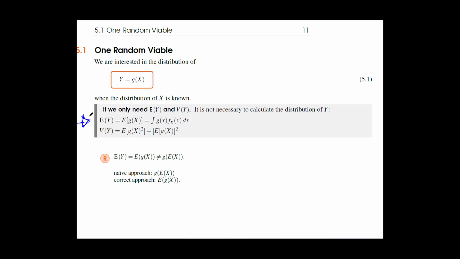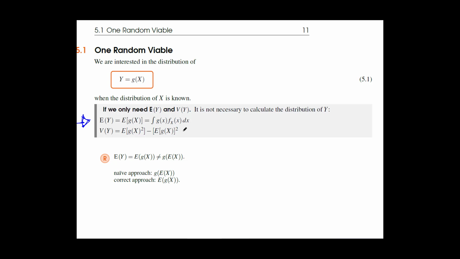We can just apply the expected value of a function, as in here. So in those cases, you can do without the distribution of y. This procedure is for when the question is, what is the distribution of y?